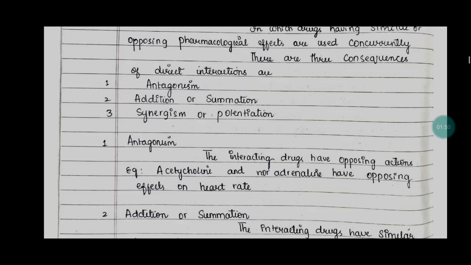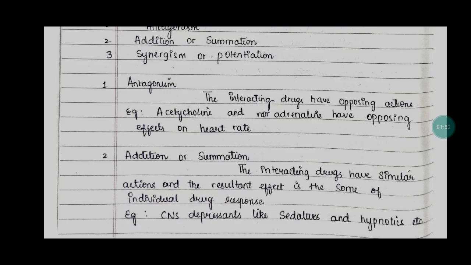So number one, antagonism. The interacting drugs have opposing actions. Example, acetylcholine and noradrenaline have opposing effects on heart rate.